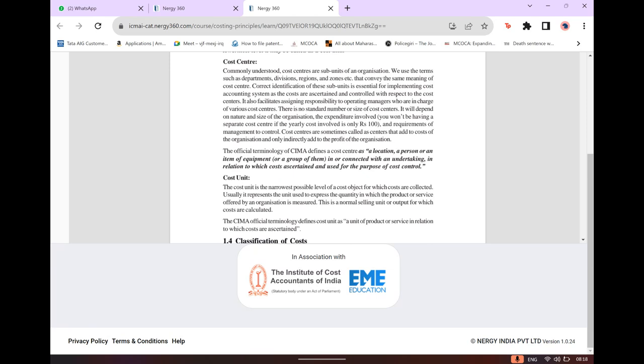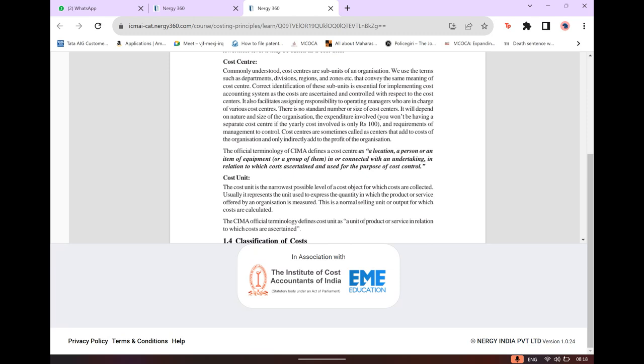I told you, suppose you have three production departments. Each of the production departments can be considered a cost center, or if you have three types of products, each product can be considered a cost center. So it can be anything. It can be a machine also.